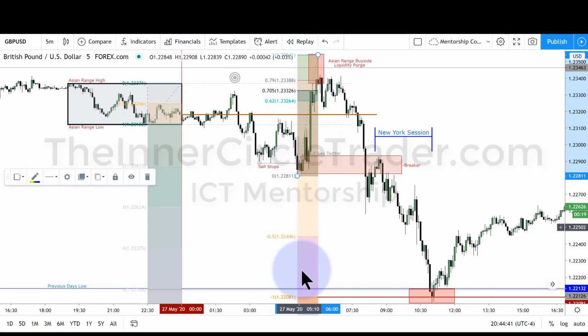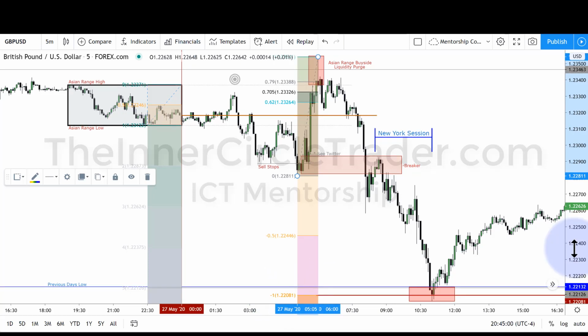Projecting that down, we get one standard deviation of 1.22081. Okay, see that? That's what you're getting here, that 1.22081. It doesn't really show clearly because I have it crunched up. There we are. Now you can see it. And the price of the actual cable market goes down to a low of 1.22043.